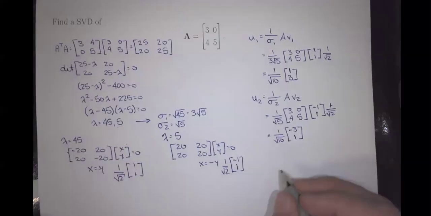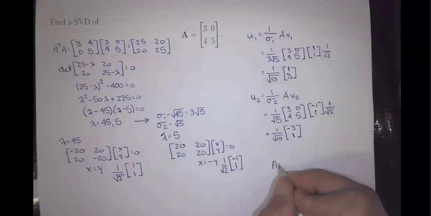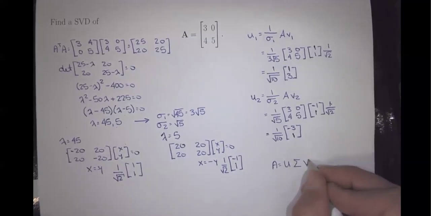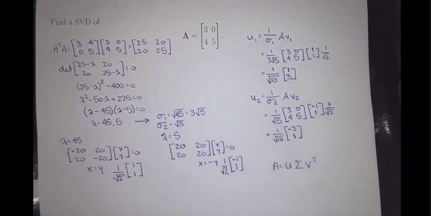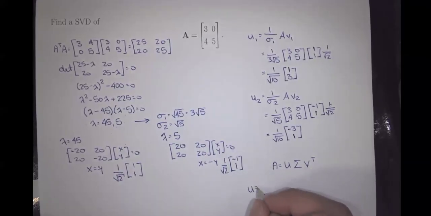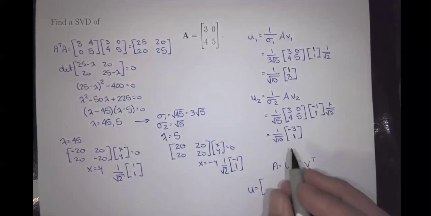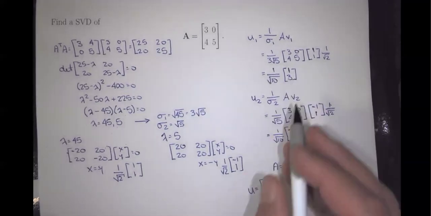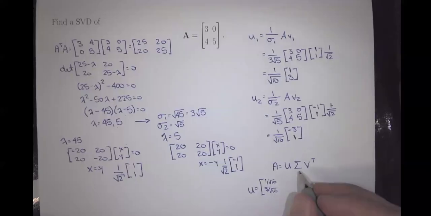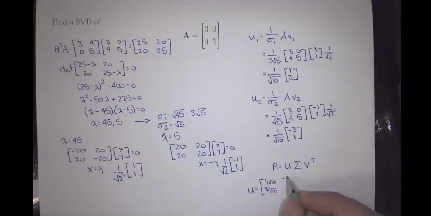A is going to be U sigma V transpose, where U is equal to 1 over root 10, 3 over root 10, negative 3 over root 10, 1 over root 10.